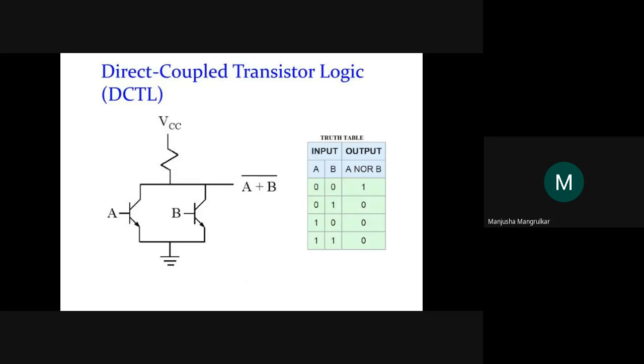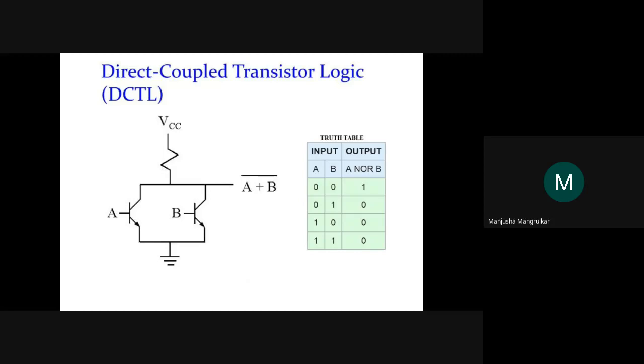So this is again the same as when the condition is 0 0. So these are in the cutoff region. So this output is directly connected to the VCC. It will be 1. When it is 0 1, transistor A is in the cutoff region, and transistor B is in the saturation region. So this is closed. Your output is directly connected to the ground.